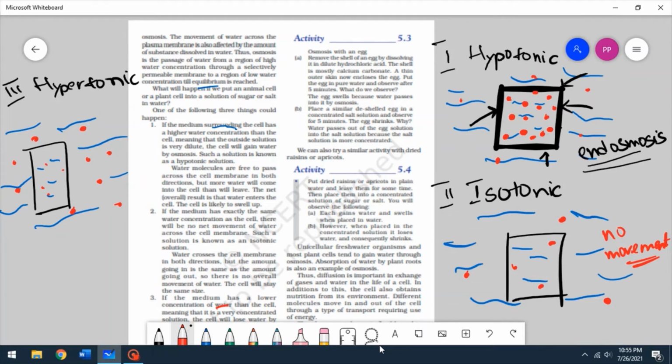All right, that is hypertonic solution, and in such a case, water moves out of the cell, or the solvent moves out of the cell through a process called exosmosis.